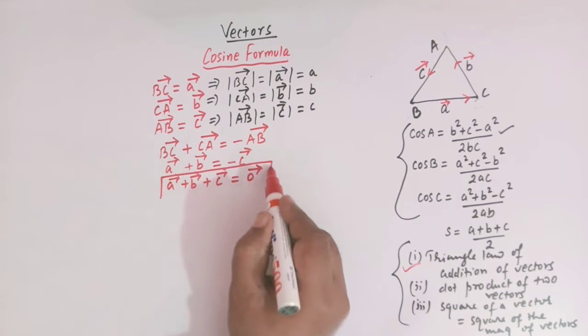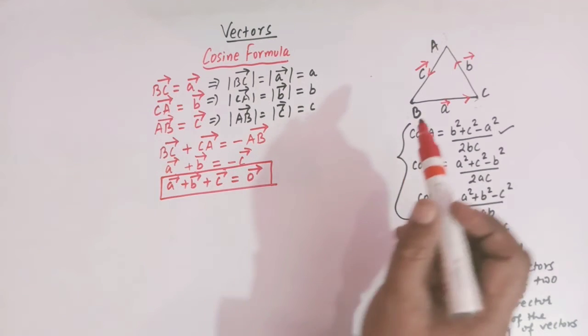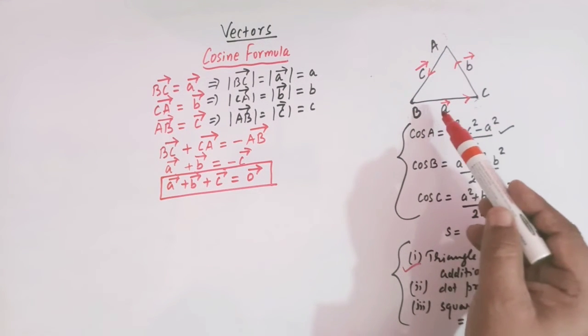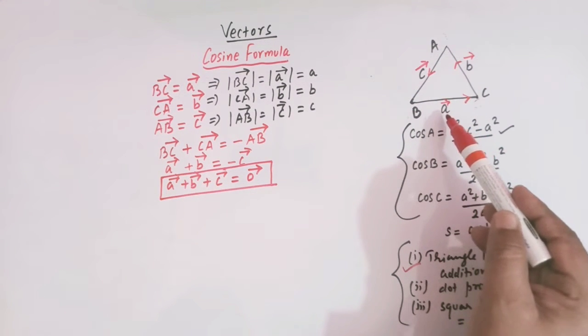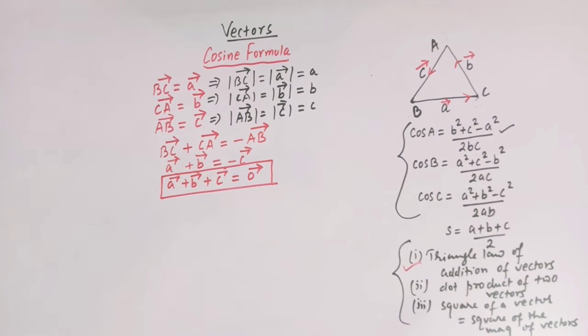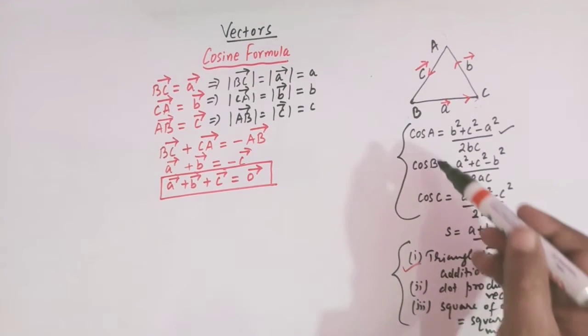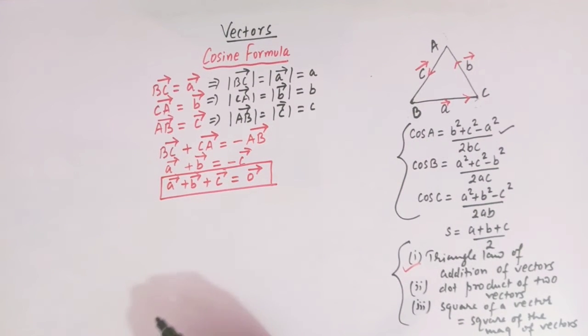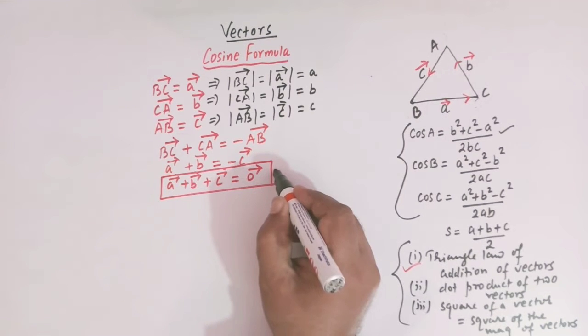This is an important relation in triangle ABC where the sides are represented by vectors a, b and c. To derive all three cosine formulas, we have to make use of this result.